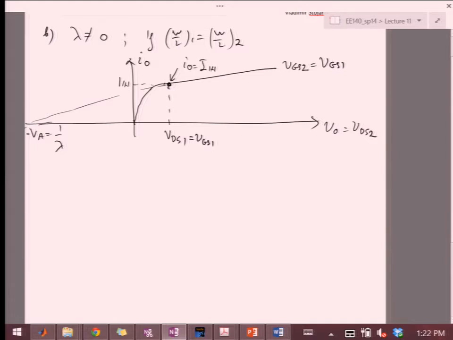But anywhere else, I have an error. Right? And that error is kind of proportional to this slope over here. And we know that the slope is proportional to our ID over VA or lambda, right?